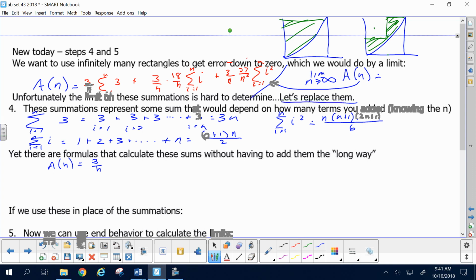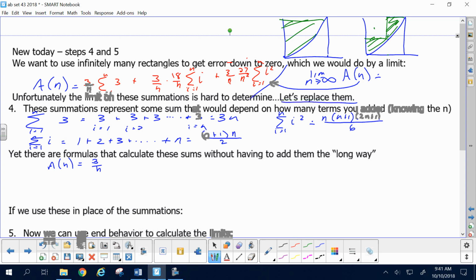Okay? This 54 over n squared, I'm going to multiply that by the replacement for the sum of a bunch of constants, or the arithmetic sequence 1 plus 2 plus 3 plus etc., by n plus 1 times n over 2.